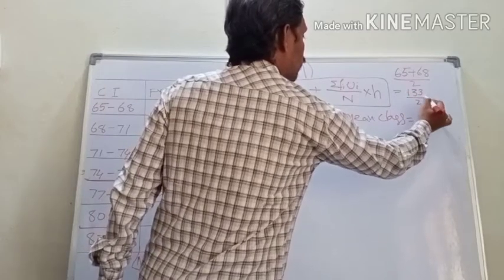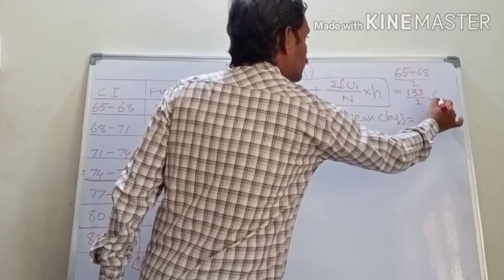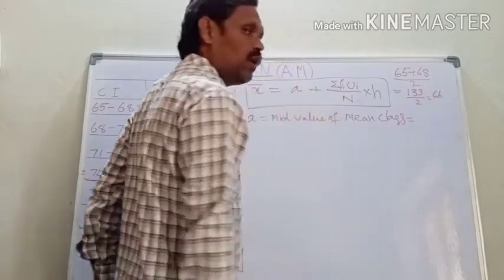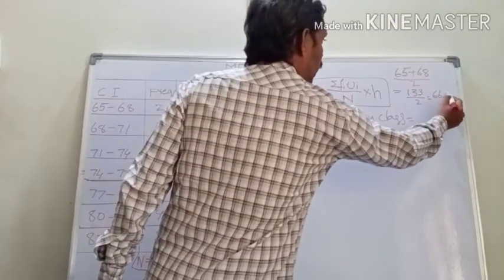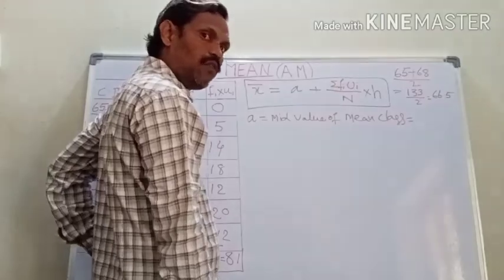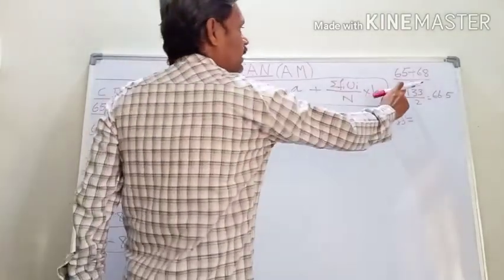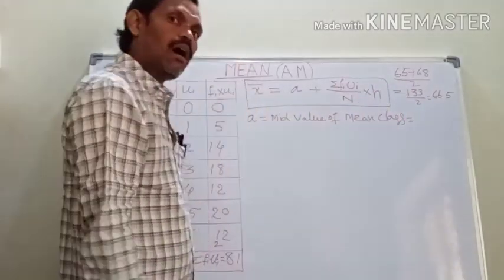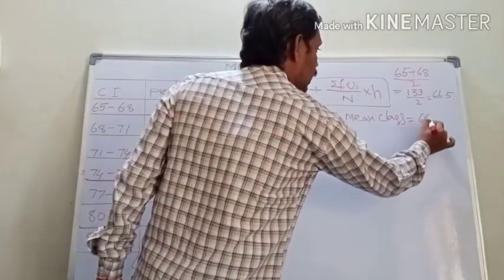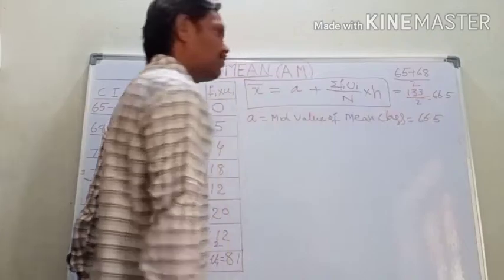So if you go through the calculation, 2 6s are 12, again you get 13, 2 6s are 12, you have the remainder 1, then 0.5. So by 2 is nothing but half of 133. 133 by 2 means half of 133. So half of 133 is nothing but 66.5.